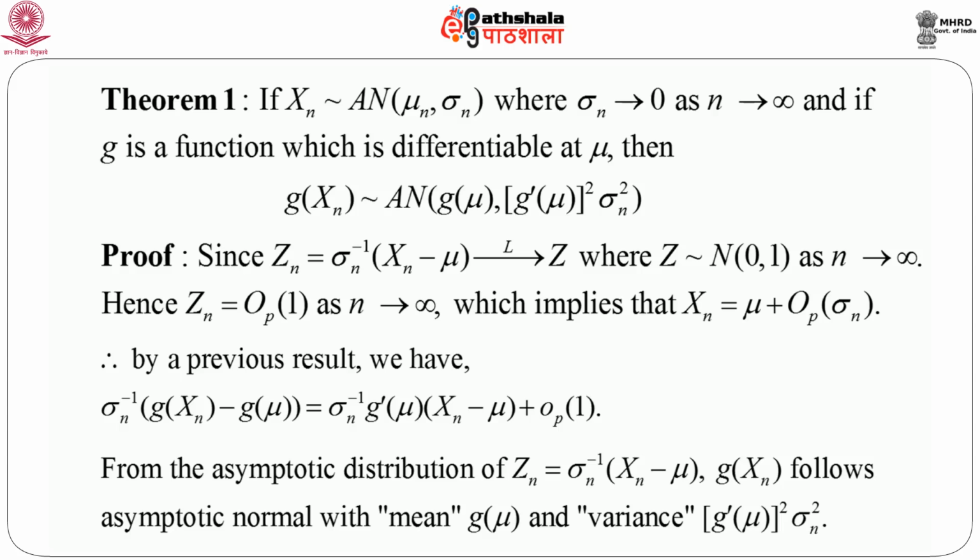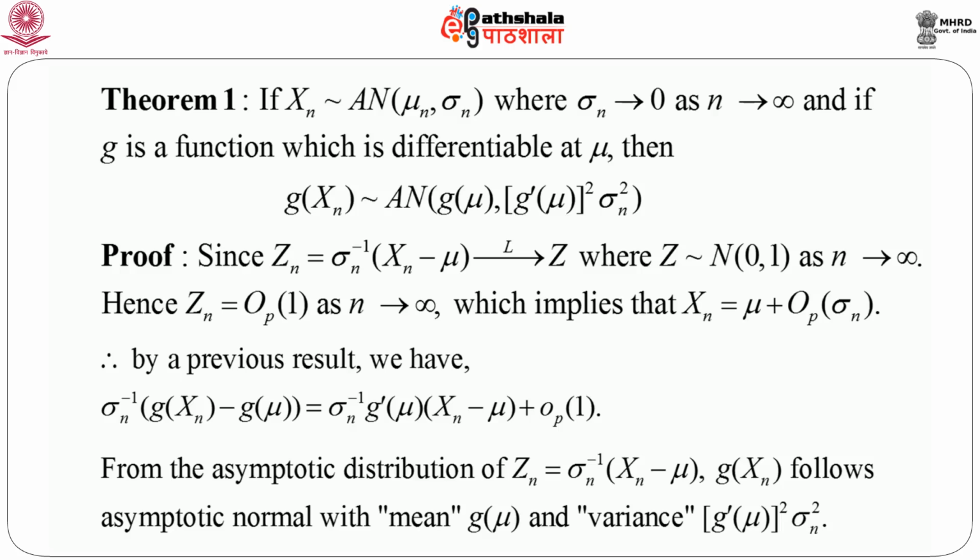First define Zn equals to (Xn minus mu) by sigma n, and it is clear that this goes to a standard normal variable Z in distribution as n goes to infinity. We can immediately write that capital Zn equals to big O p of 1 as n goes to infinity, which immediately implies that capital Xn equals to mu plus big O p of sigma n, using the previous results based on orders in probability.